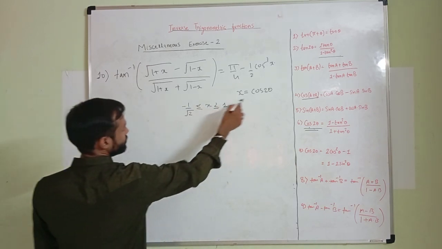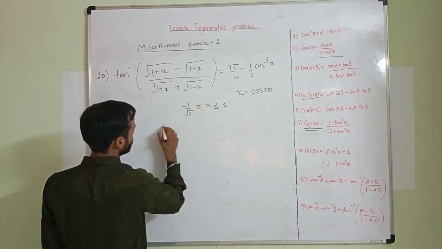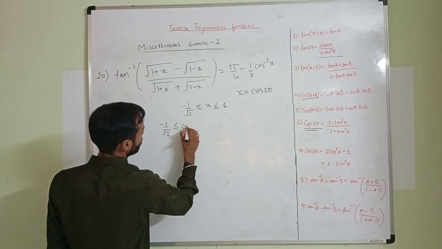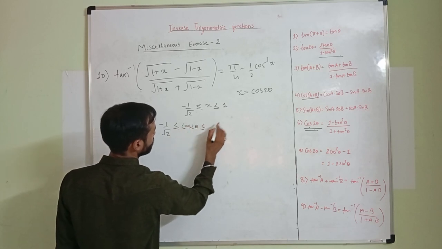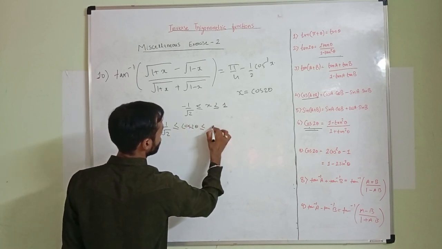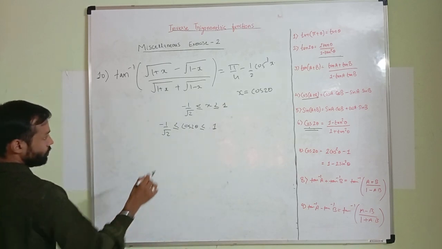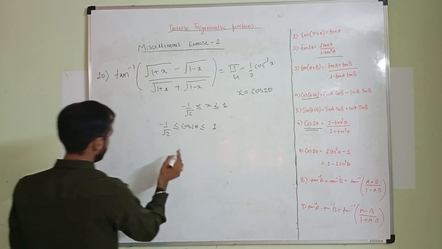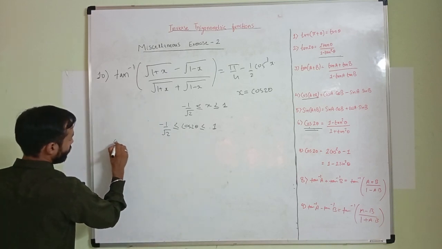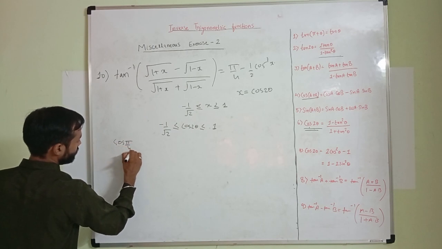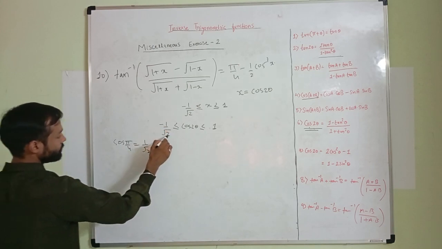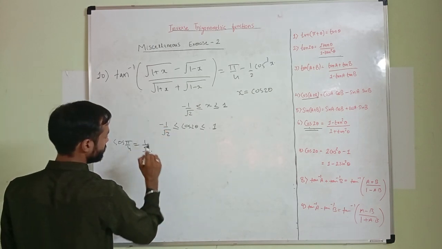So now placing x equals cos 2 theta, this will be minus 1 by root 2 less than or equal to cos 2 theta less than or equal to 1. Now placing this minus 1 by root 2 in cos form, cos pi by 4 is equal to 1 by root 2, and since minus 1 by root 2 is given, our theta will lie in the second quadrant.